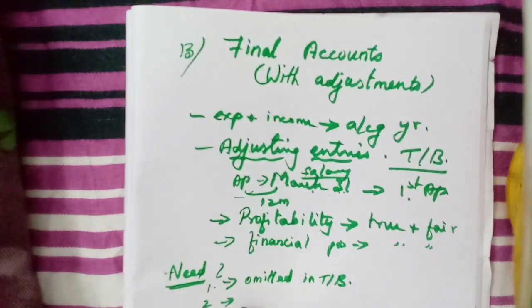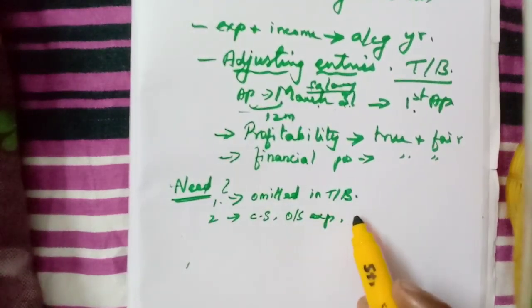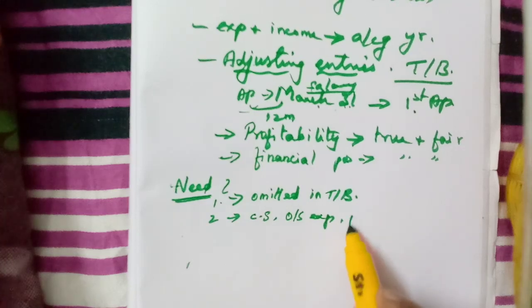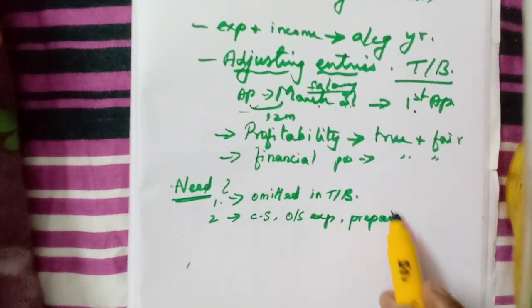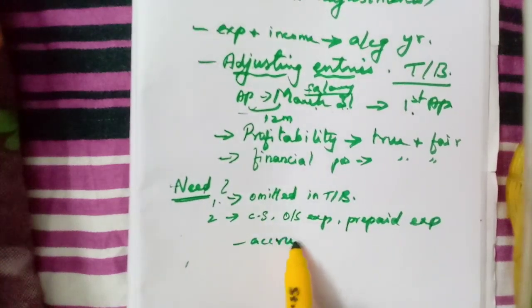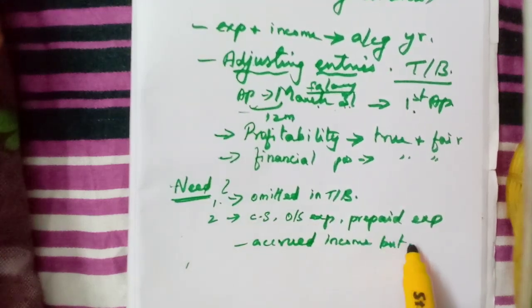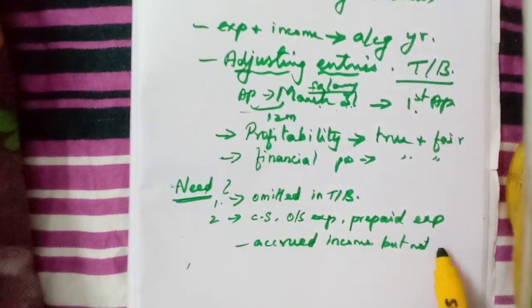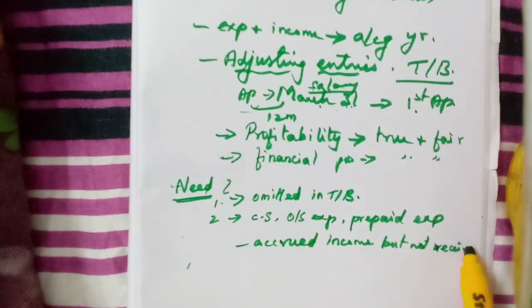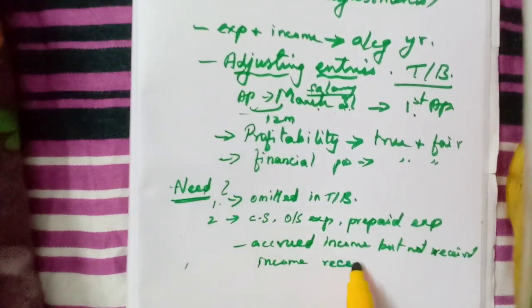Then there are many items, that is closing stock, then outstanding expenses, prepaid expenses, then accrued income, that is income earned but not received, or income received in advance.